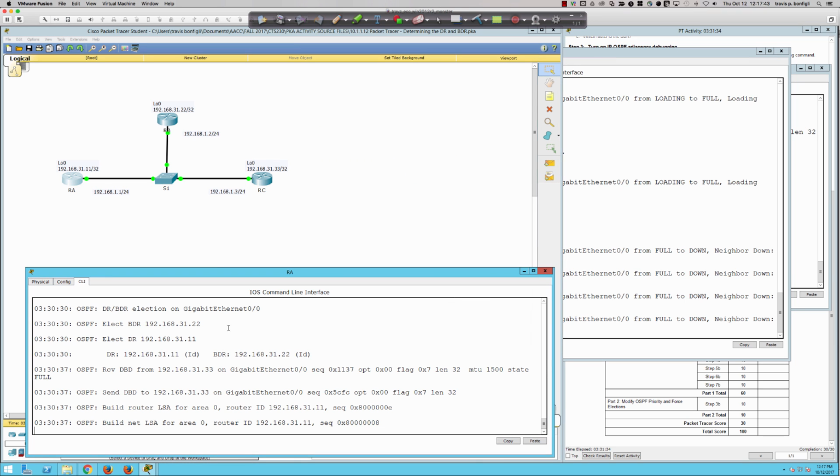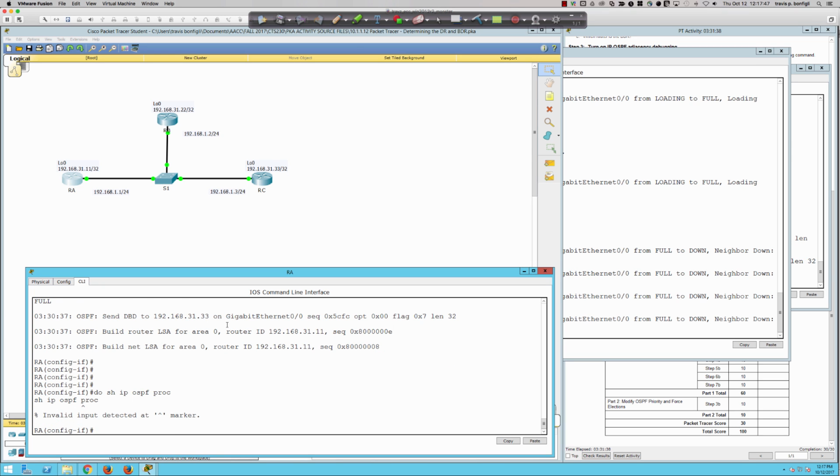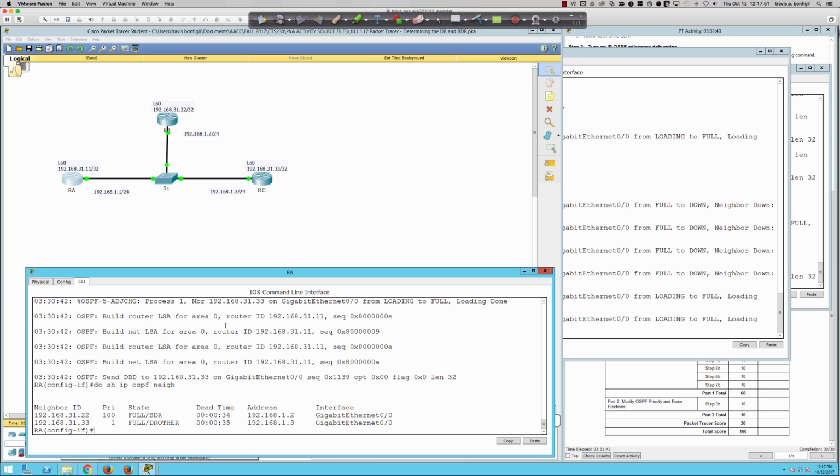And so ultimately what we should end up with, do show IP OSPF neighbor, is 2 becomes the BDR, 1 is the DR, and 3 is simply a DROther.